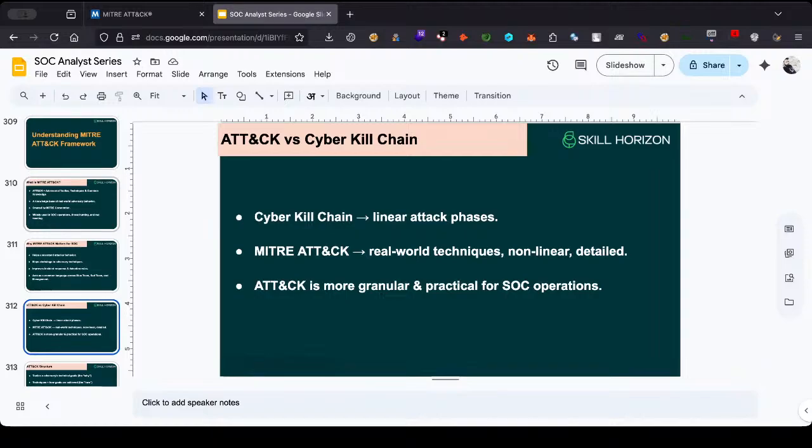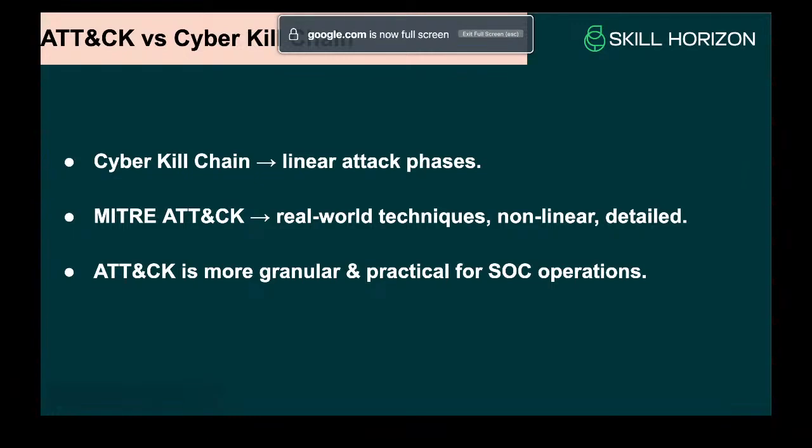In simple words, whenever you are breaking down the cyber kill chain, you basically know about the bigger things, but using this framework, you can see those attacks, those alerts, those techniques in a small view, like a microscopic view. You can see every small thing. So this is how the differentiation happens between those two frameworks.